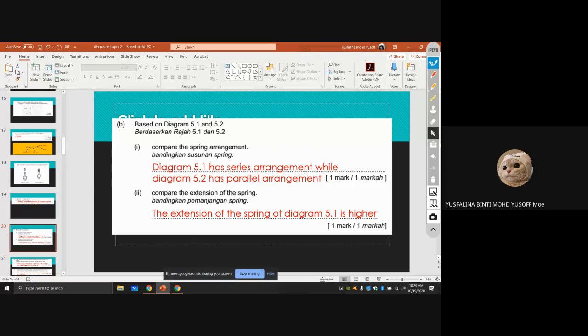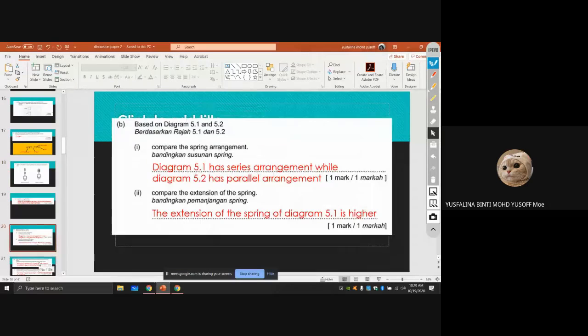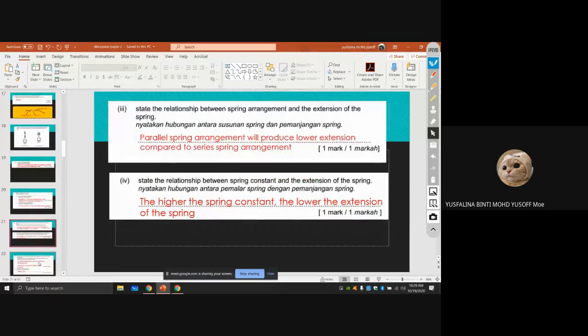And compare the extension of the spring. The extension of the spring for diagram 5.1 is higher. Next, state the relationship between spring arrangement and the extension of the spring. You have to state what happens to the extension if you put it in parallel or in series.